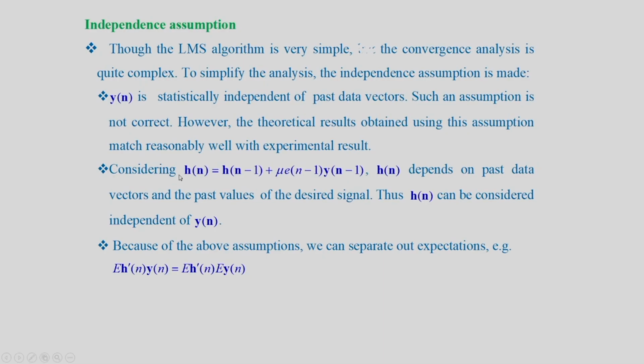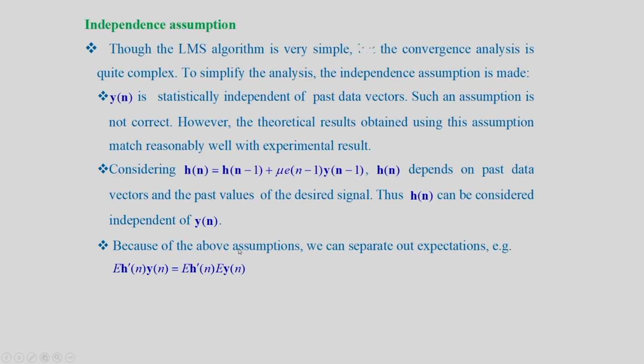Now, consider the filter update equation. h(n) is equal to h(n minus 1) plus mu e(n minus 1) into y(n minus 1). Here h(n) depends on h(n minus 1), which is a function of past data, and it depends on e(n minus 1) and y(n minus 1). So, that way it is independent of y(n), because y(n) is anyway independent of y(n minus 1) according to the independence assumption.